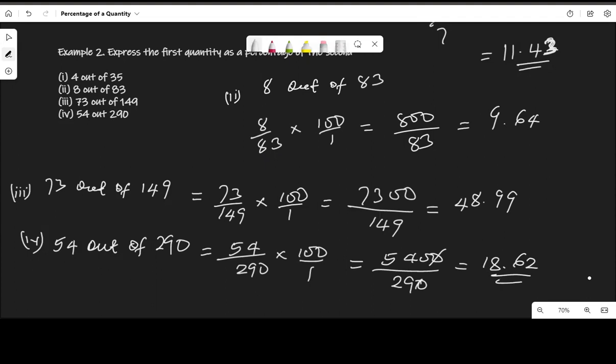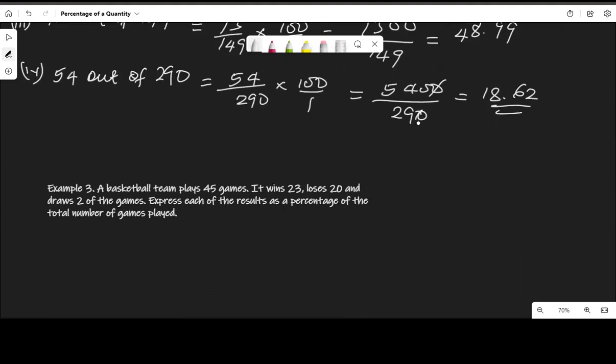So that is how to express one quantity as a percentage of another one.